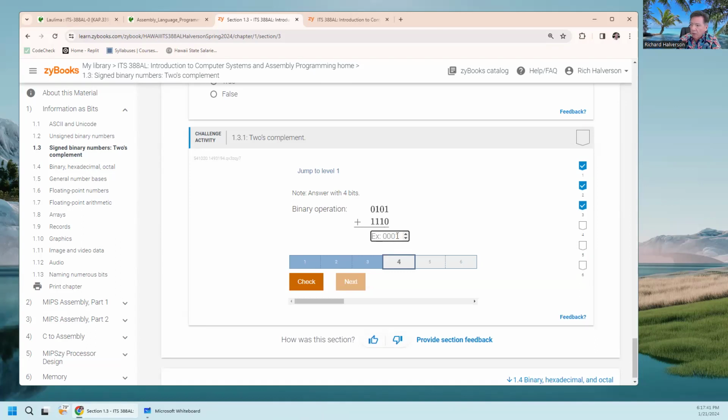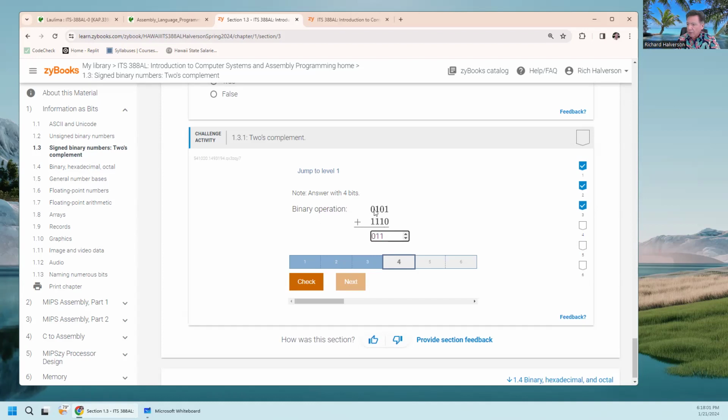Let's see. 1 plus 0 is 1. And then 0 plus 1 is 1. And then 1 plus 1 is 0, carry the 1.